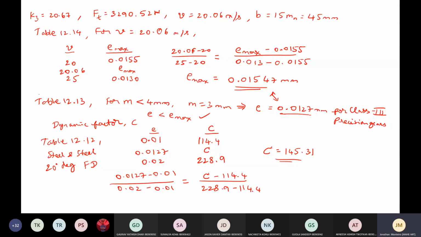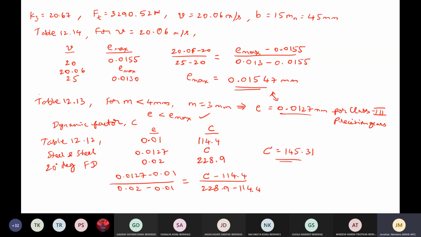Yes, we are getting around this value. So this is the dynamic factor.